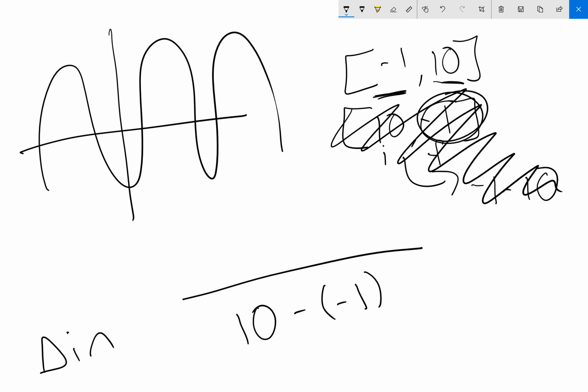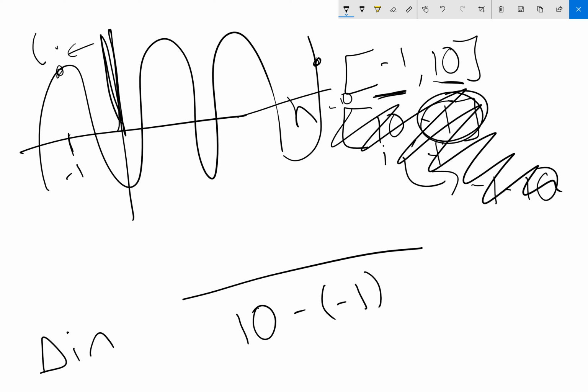Okay, so this is our function h. Let's say this is -1, and this is 10. This is the height, the output of our function. So it would be -1, h of -1, whatever this may be. This would be 10, h of 10.